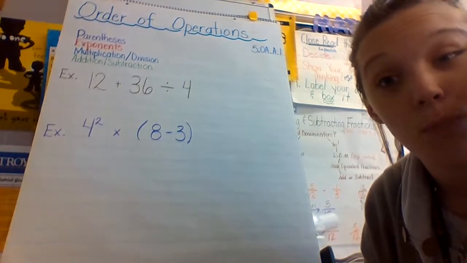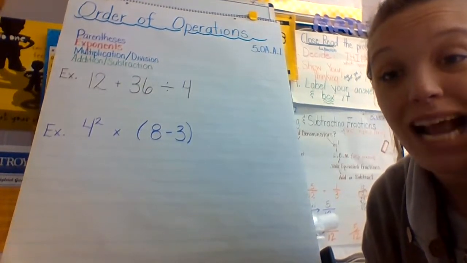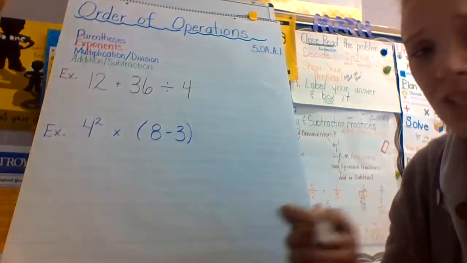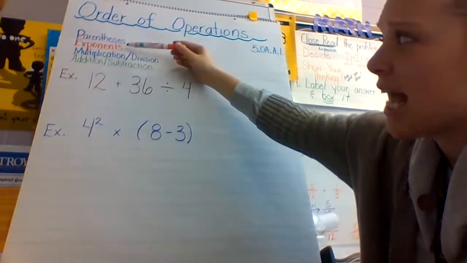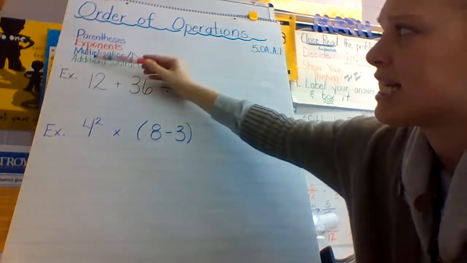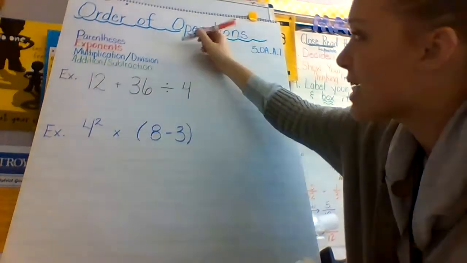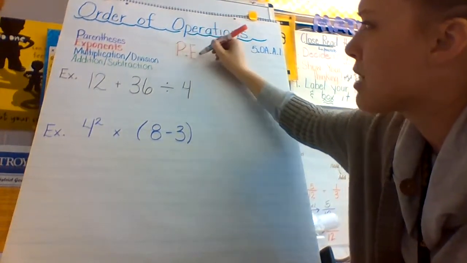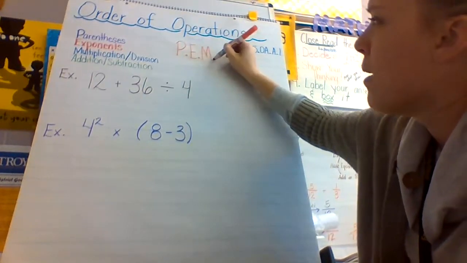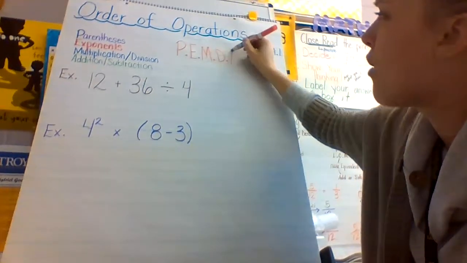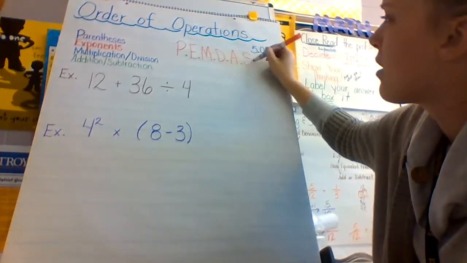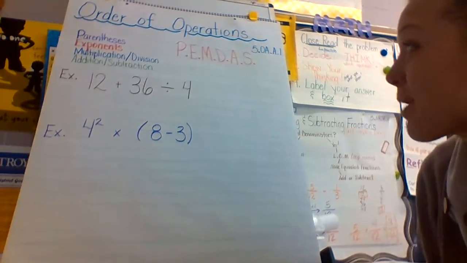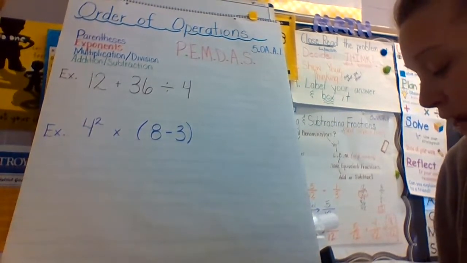The next step is multiplication and division. Those are the next operations we'll do. And then addition and subtraction. So these are the steps: parentheses, exponents, multiplication or division, addition or subtraction. My scholars, we saw this as PEMDAS. We glued this into our math notebooks at the beginning of the year. All we do is we go in this particular order to try and solve numerical expressions.